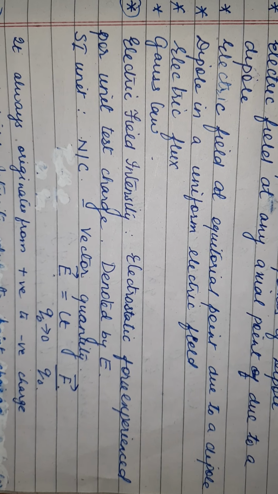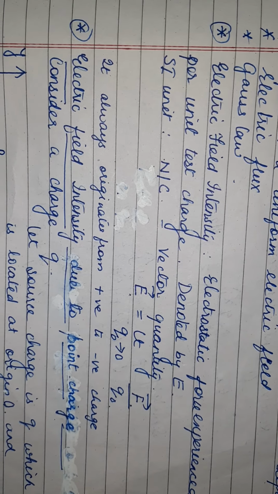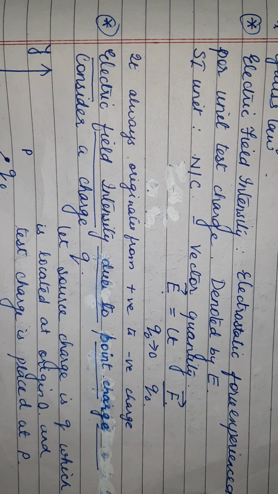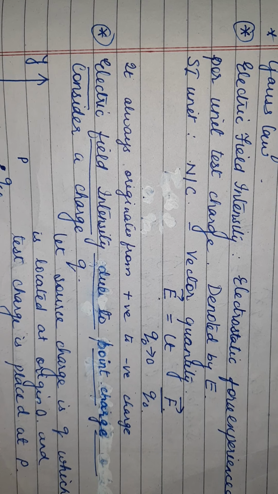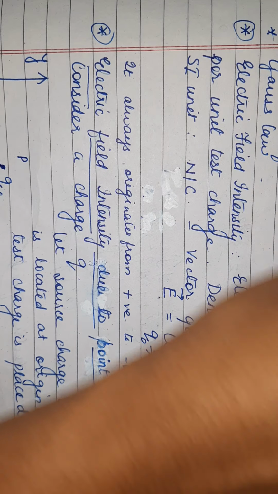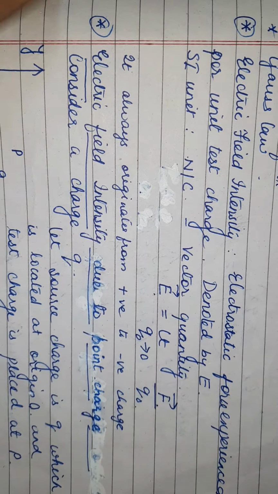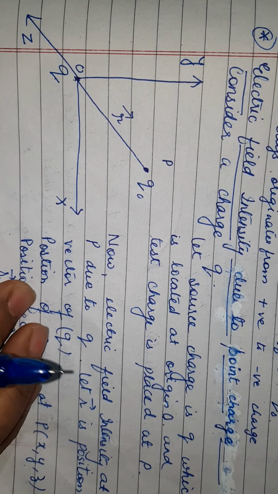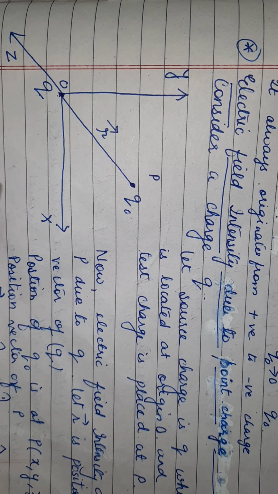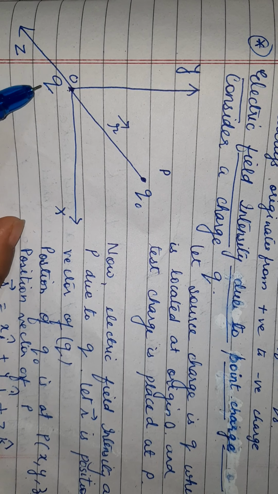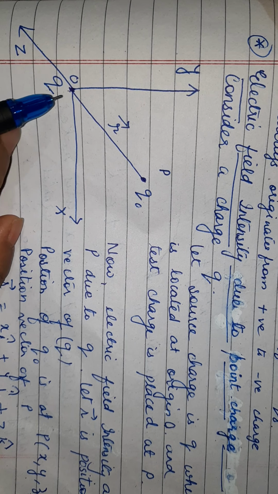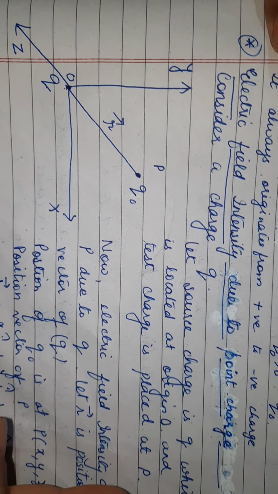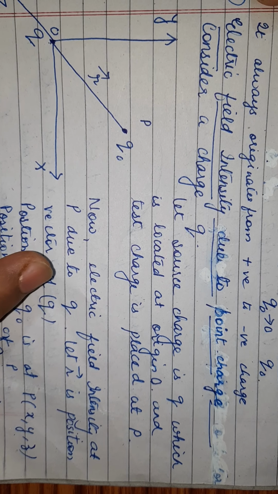Now we will study the electric field intensity due to a point charge. First we will consider a charge Q. This charge is kept at the origin of the X, Y and Z axes.